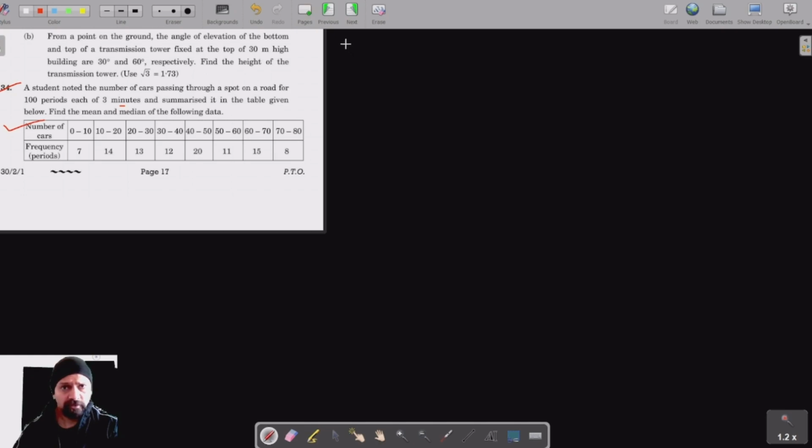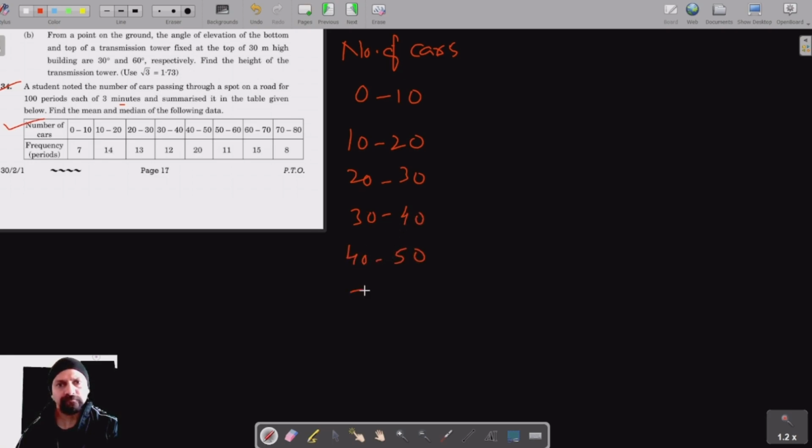The first column is the number of cars in the form of intervals, and the intervals are 0 to 10, 10 to 20, 20 to 30, 30 to 40, 40 to 50, 50 to 60, 60 to 70, and 70 to 80.